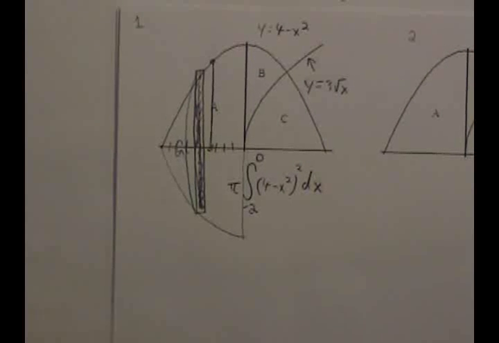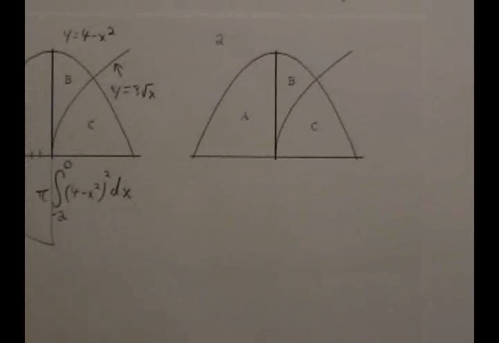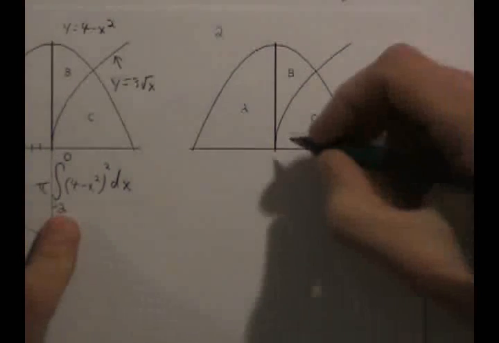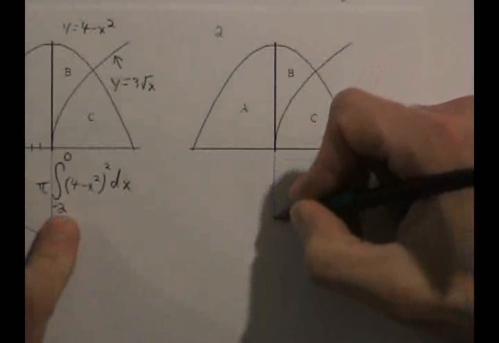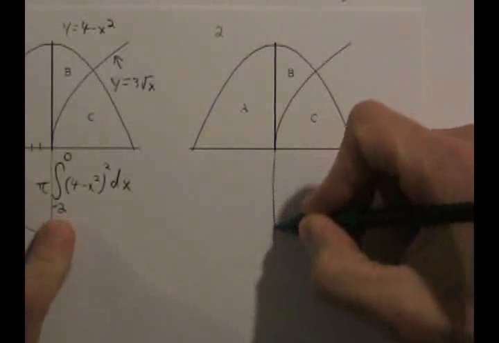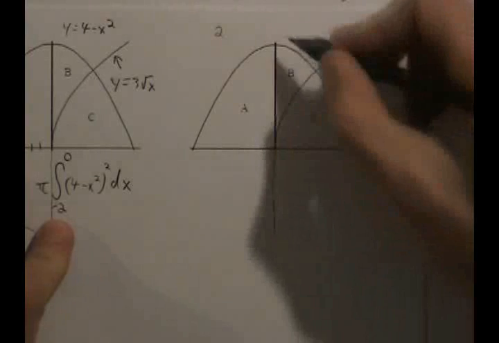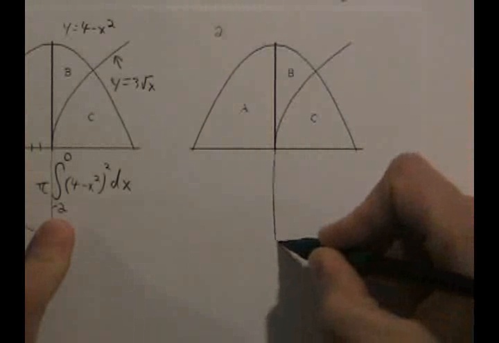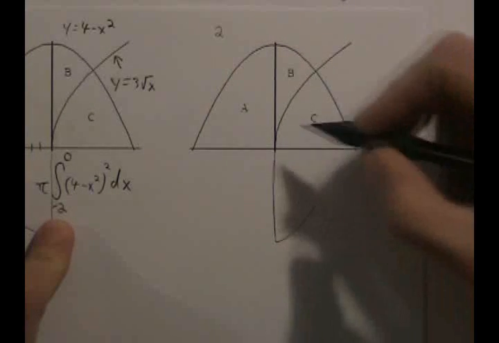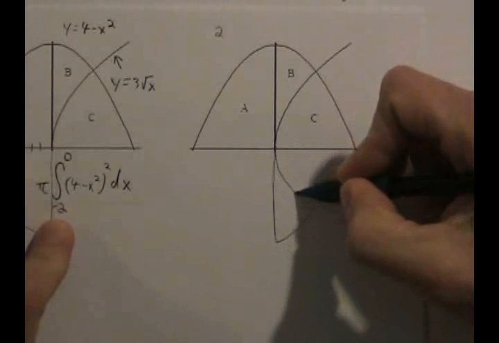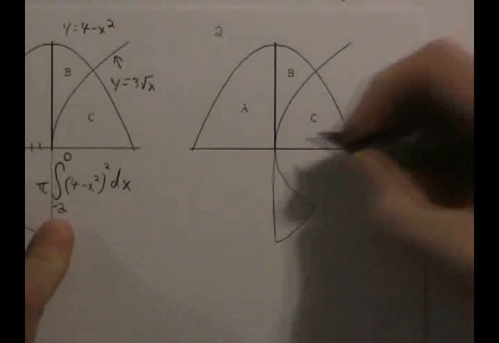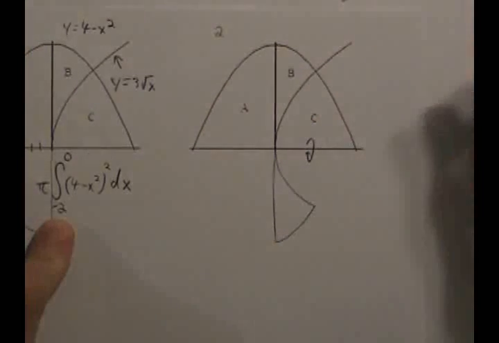Number 2, find the volume of the solid that results when region B is rotated about the x-axis. So if I'm going to draw that in, it'll be like this, coming down, and mimic this up to here maybe, and then the rest will be like this. So it's this shape here, spinning it this way.